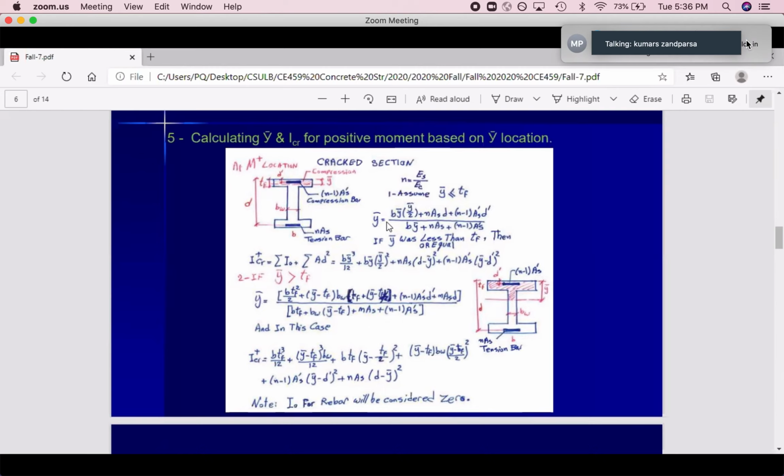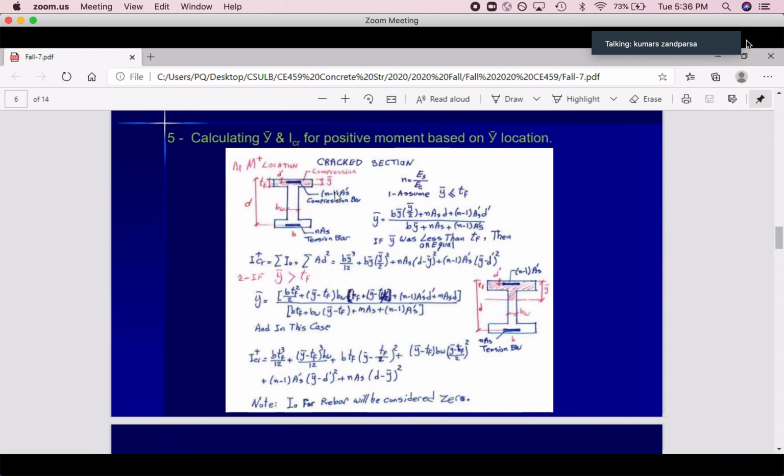Then how can I use this Y bar? Do the same based on the baseline, moment of area, the same thing. But here we have one concrete shape, one steel, another steel. For the steel in compression, because this part is part of the concrete as well, we have to reduce that part. Because I consider the whole section concrete, but part of that is rebar, so I shouldn't consider that twice.